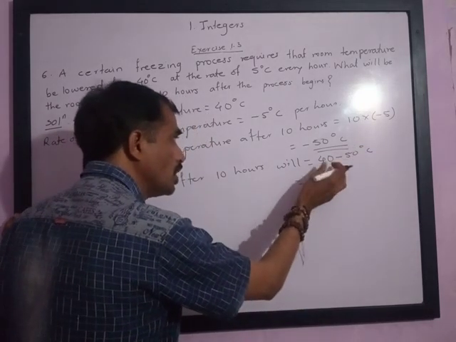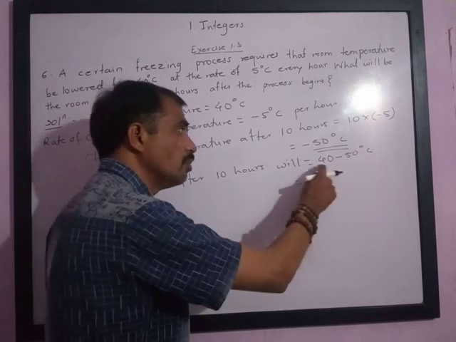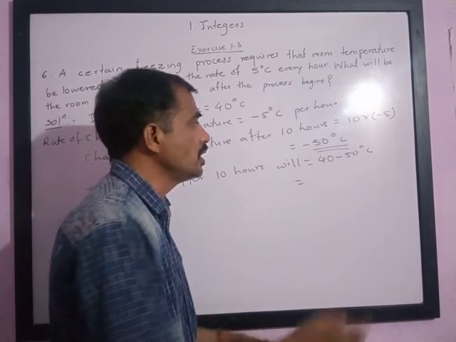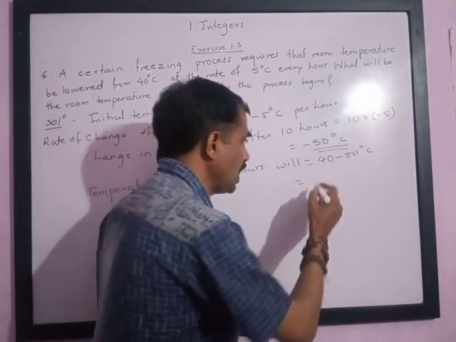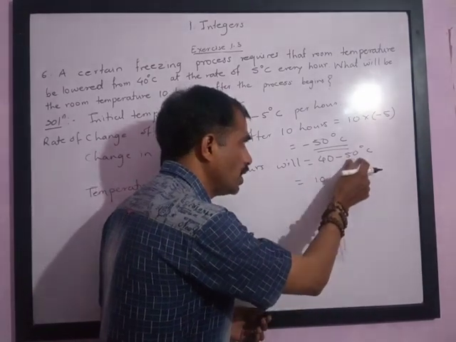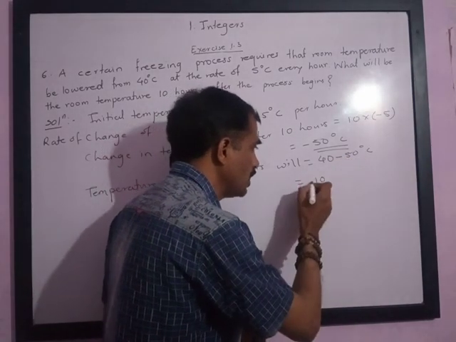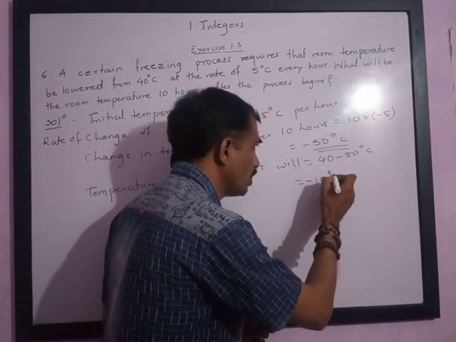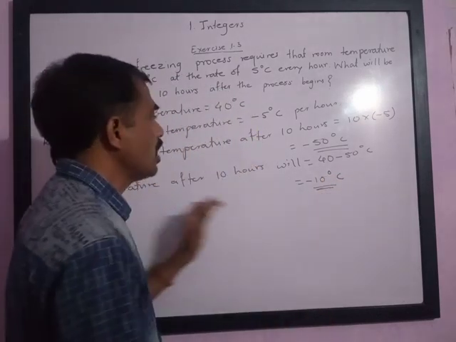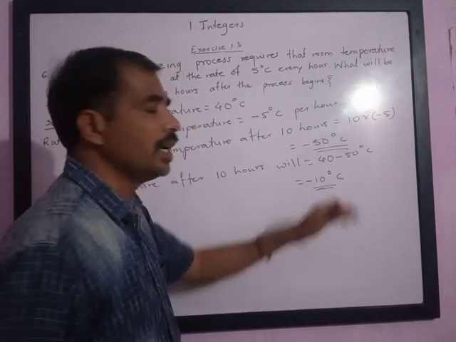Now this is positive 40 and negative 50, both having opposite signs. We have to do the subtraction between the magnitudes of the integers. So 50 minus 40 is 10 and give the sign of the bigger magnitude integer. Bigger magnitude integer is 50, so its sign is minus, 10 degrees Celsius. So after 10 hours the temperature will be negative 10 degrees Celsius.